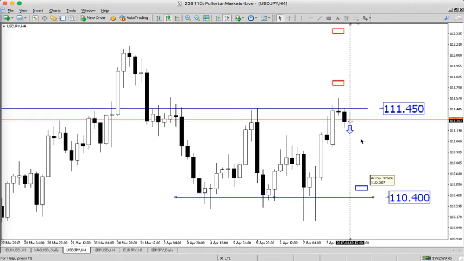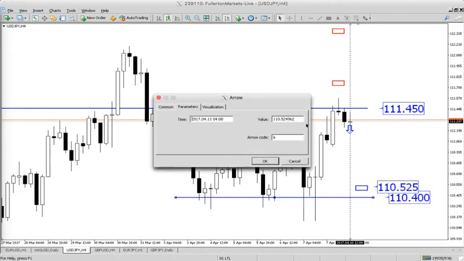So do bear in mind that if you are taking a short trade, the price needs to go beyond your profit target in order to cover the spread. So if I put my profit target where the blue box is, which is around maybe 111.